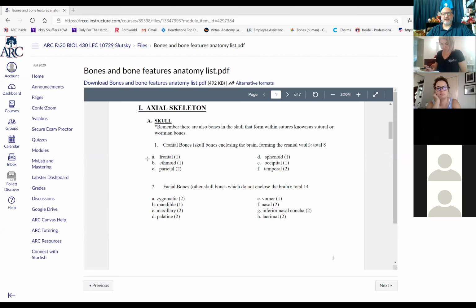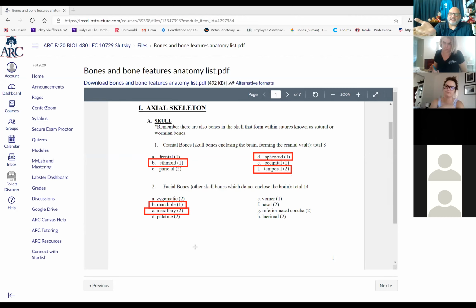However, the ethmoid bone, the sphenoid bone, the temporal bone, the mandibular bone, and the maxillary bone: if you are presenting one of those bones, you are responsible for presenting them both in an intact skull and also disarticulated, pulled apart.